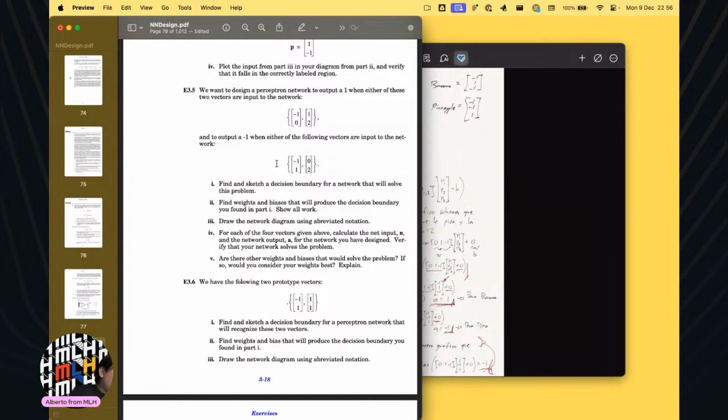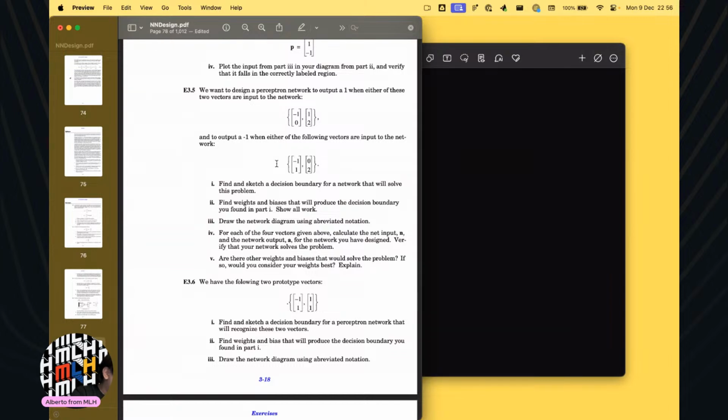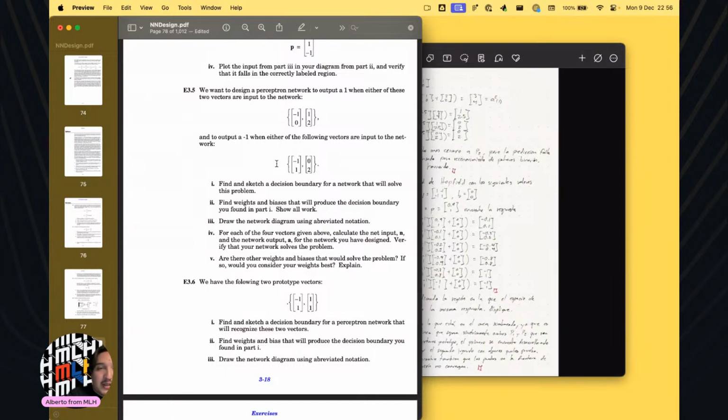Let's open a new page, but let's check the results from what I had here.